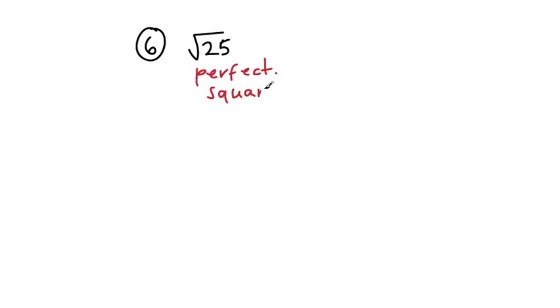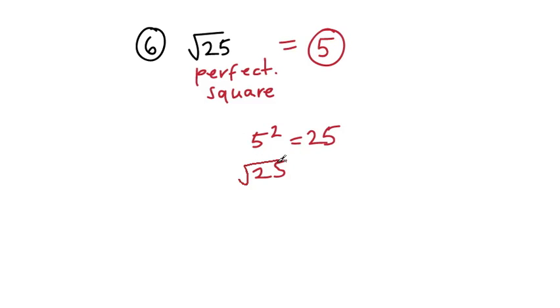We could think, what times what times itself gives us 25, and hopefully the entire class has this. There's really no excuse to get this wrong. The answer is 5, because 5 times itself, 5 squared, does equal 25. And so 25, the square root of it, does give you 5.